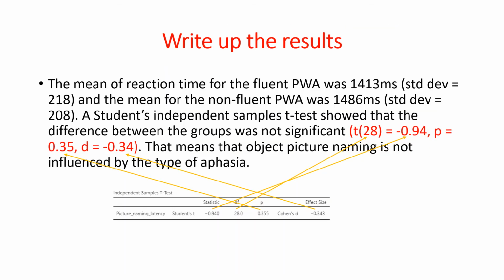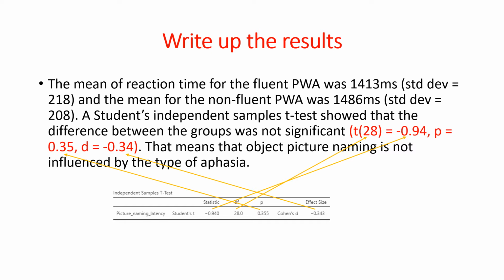That's how we present the results. We start with descriptive statistics for each of the groups. Because the data was continuous, we present the mean with standard deviation for each group, and then we present our results. You can see the table I put there, and then the elements we need to present.